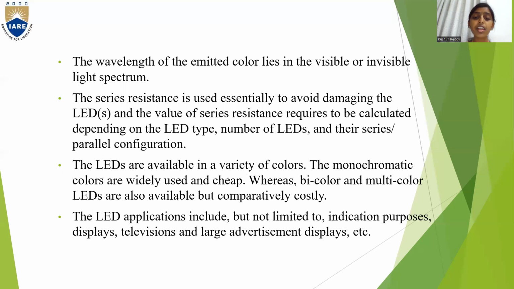The LEDs are available in various colors. The monochromatic colors are widely used and cheap, whereas bi and multicolor LEDs are also available but comparatively costly. The LED applications include indication purposes, displays, televisions, and large advertisement displays, etc.